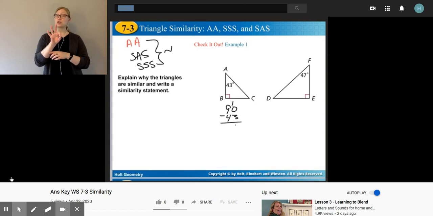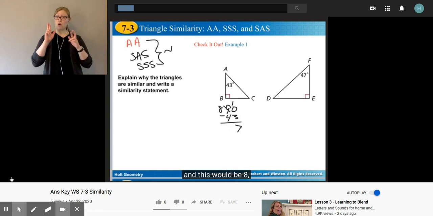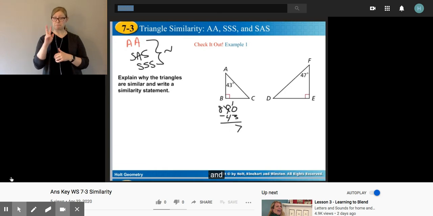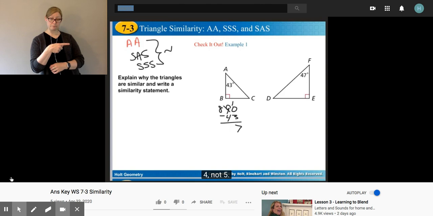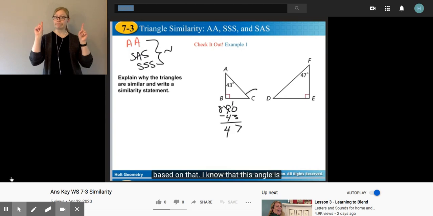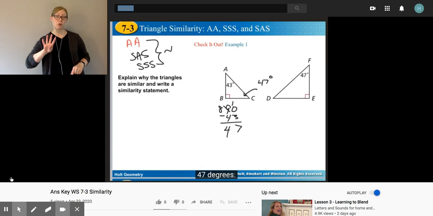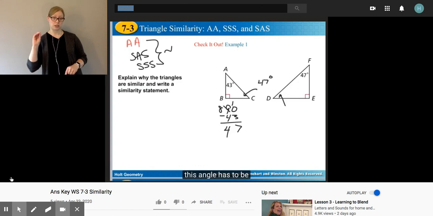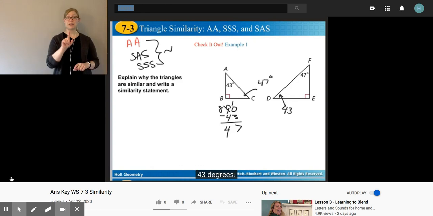So there'll be 10, 7, and this will be 8 and 4, not 5, 4. And so I did. Based on that, I know that this angle is 47 degrees, and this angle has to be 43 degrees.